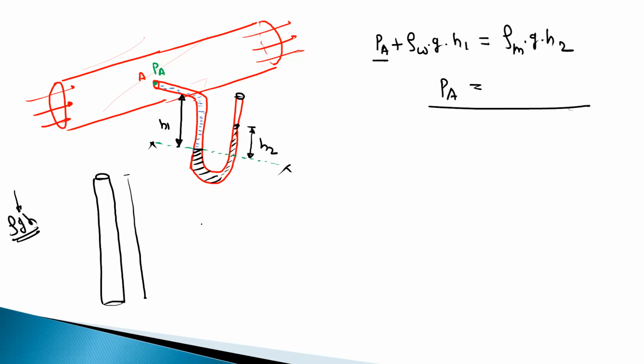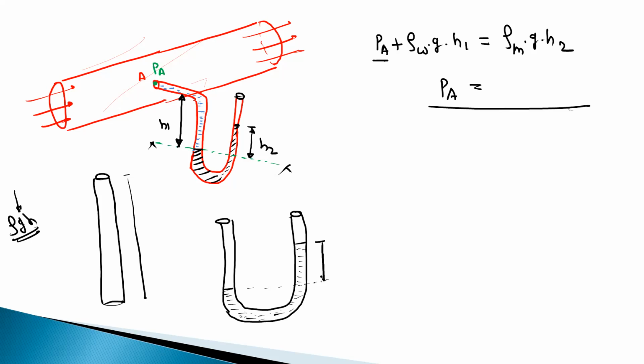So what we can do is use the U-tube manometer. In the U-tube manometer, when we use a heavier fluid as the manometric fluid, suppose we are using mercury, then we are reducing this level difference.